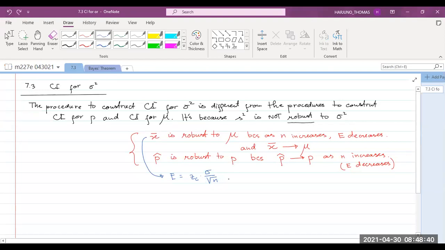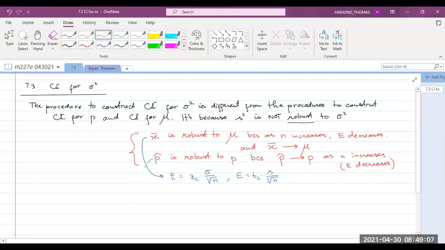Or if we don't have the population standard deviation, we use the t critical value and the sample standard deviation. You can see here that as the sample size increases, the margin of error decreases. Basically, the confidence interval will get narrower as we increase the sample size.